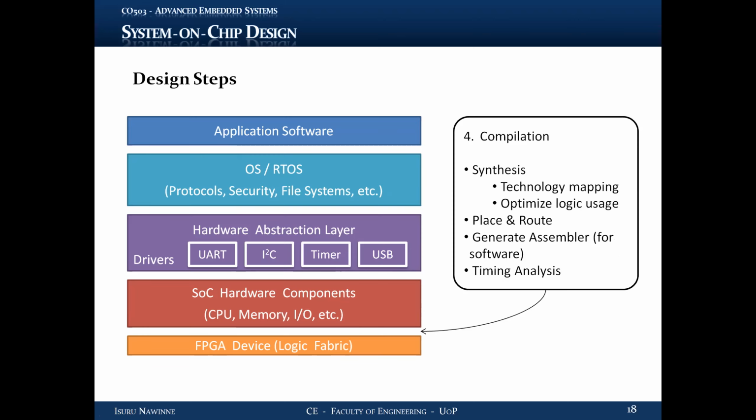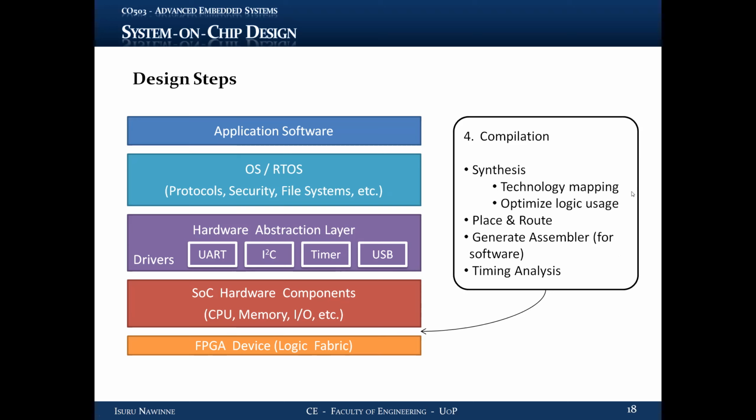Then once that is done, you go on to the next part of the compilation. Actually, all of the things that I mentioned earlier, number 2 and 3, are also parts of the overall compilation process. The next part is mainly synthesis: technology mapping from the gate level design to the configurable logic block level.